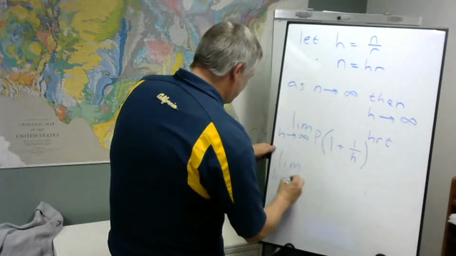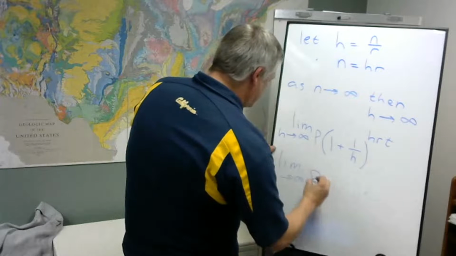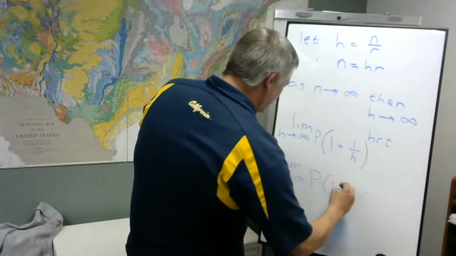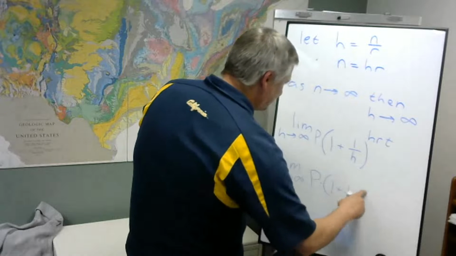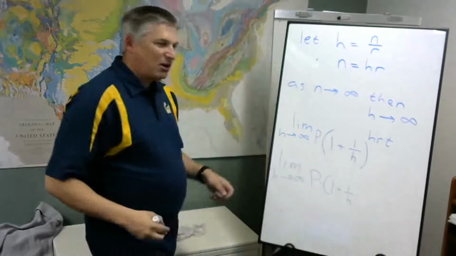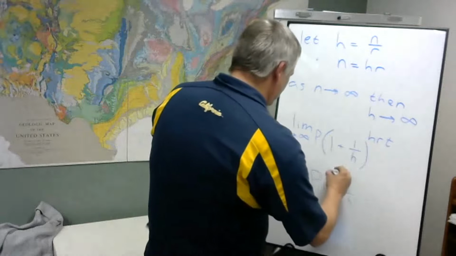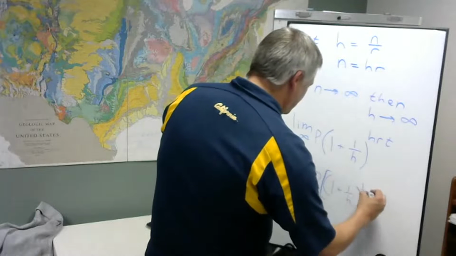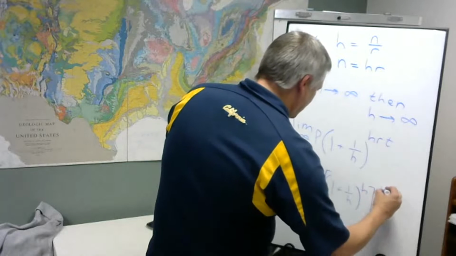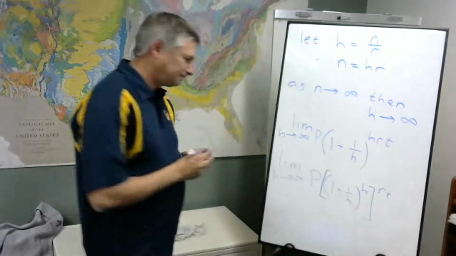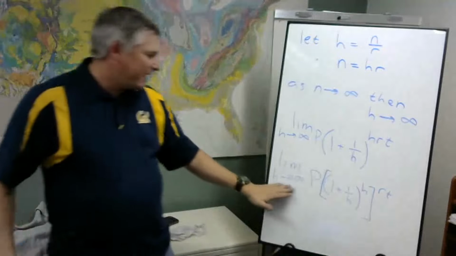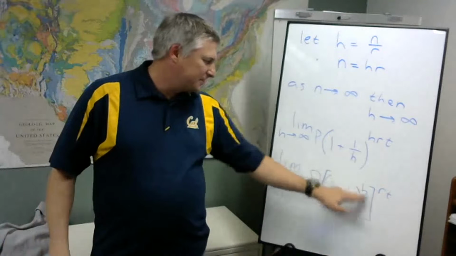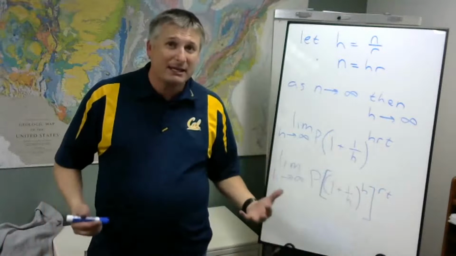This is p times 1 plus 1 over h. We're going to factor out r and t. So this is going to be h to the rt. And with the limit, as h gets bigger and bigger, this thing is going to become e.